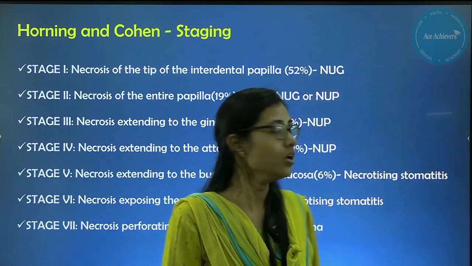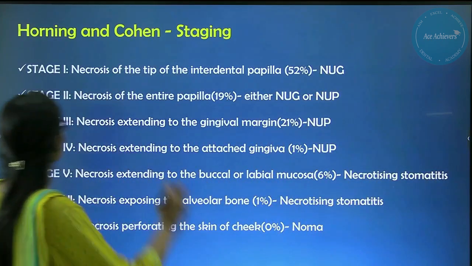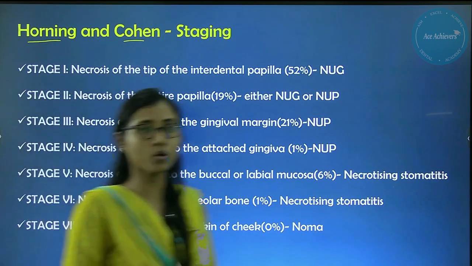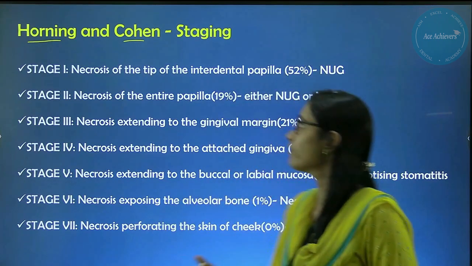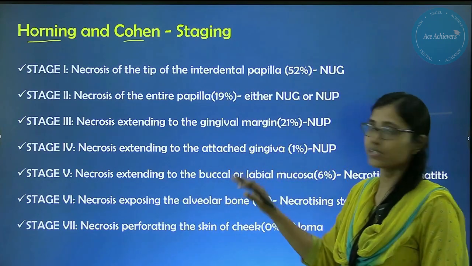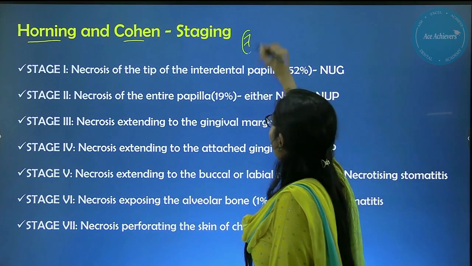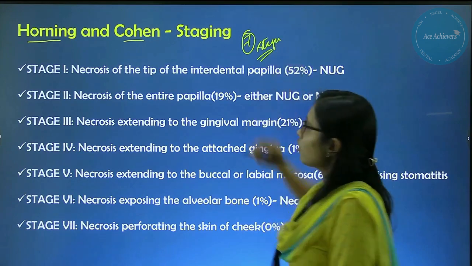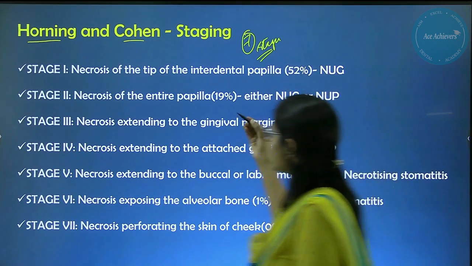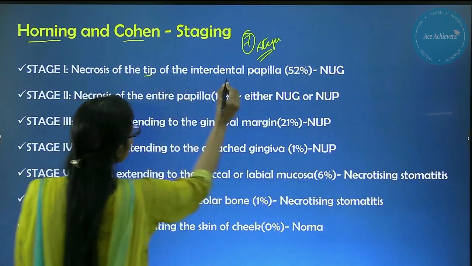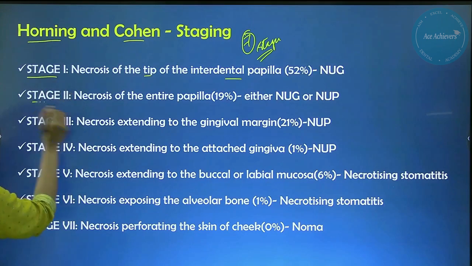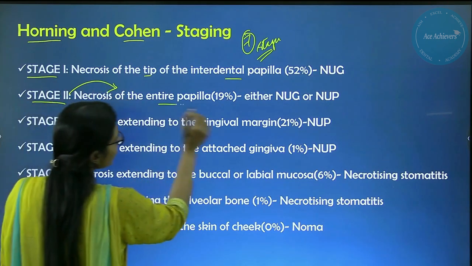Now there is another staging given by Horning and Cohen. This is just an extension of the stages already given by Pindborg. Here he has given 7 stages. The first stage, as I've already told, just involves the tip of the interdental papilla. In stage 2, there is necrosis of the entire papilla.